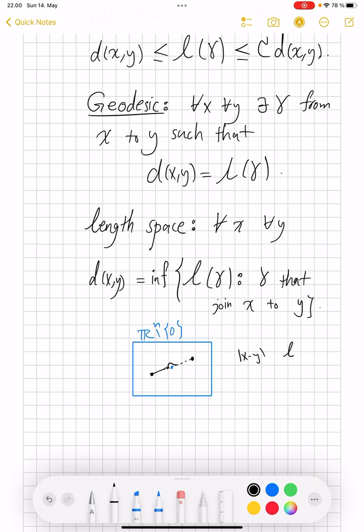So each time the length of gamma is strictly bigger than |x minus y|. However, given every epsilon, you can make it so that the length is not that far away from being equal to |x minus y|. From the picture it's immediate. So this is a length space, almost geodesic. With a geodesic space, you have d(x,y) equal to the minimum and not infimum of this same set of lengths.